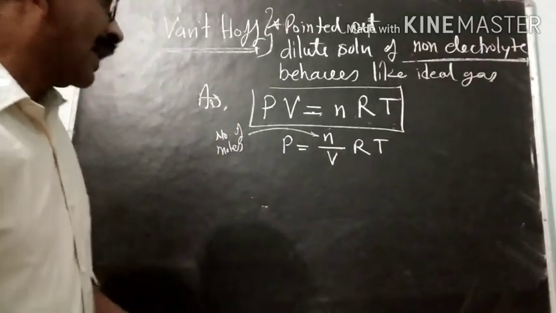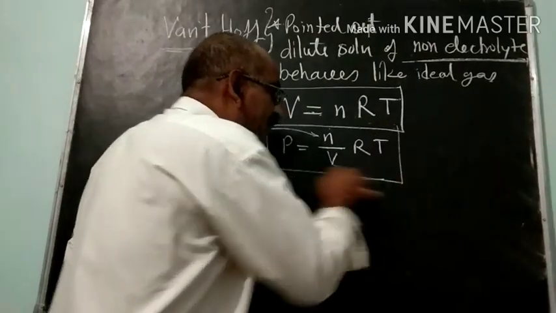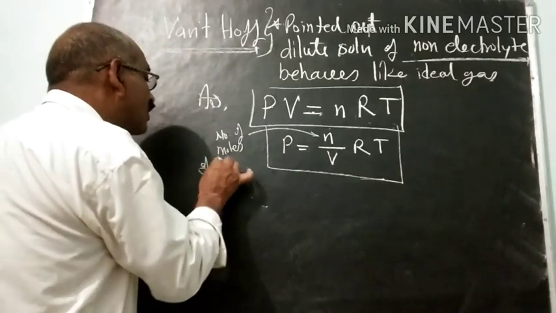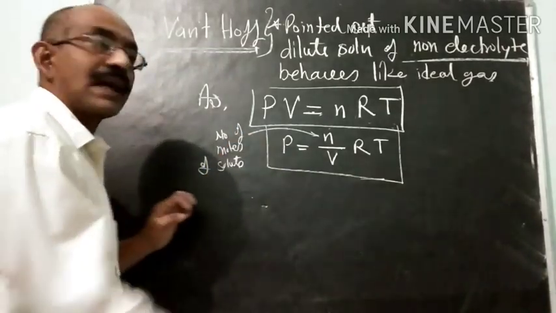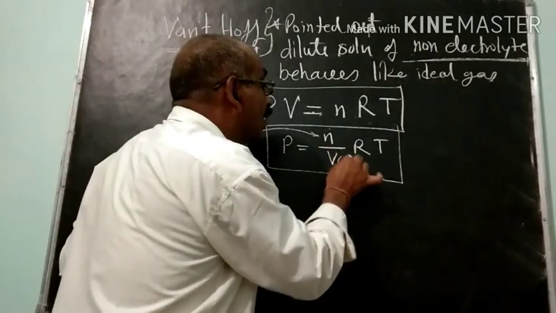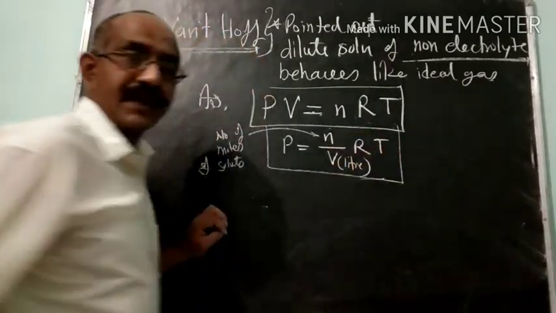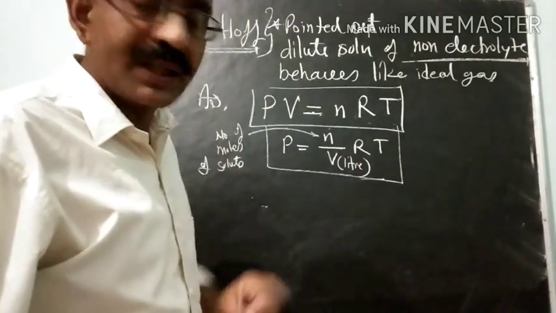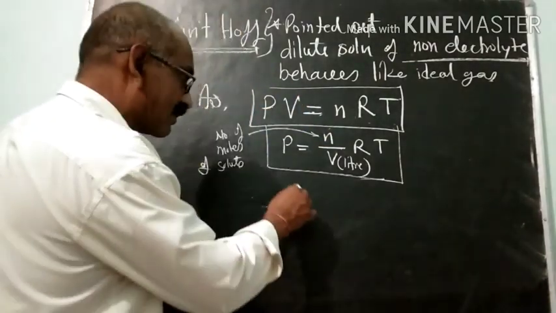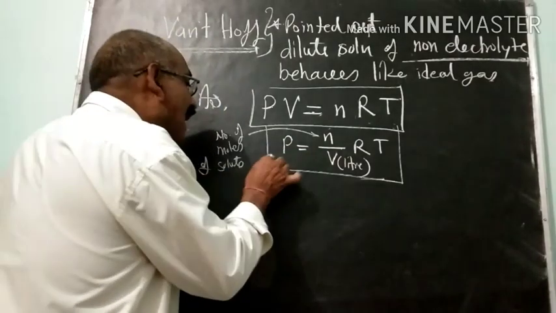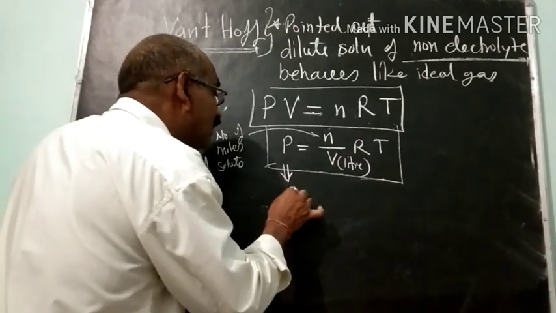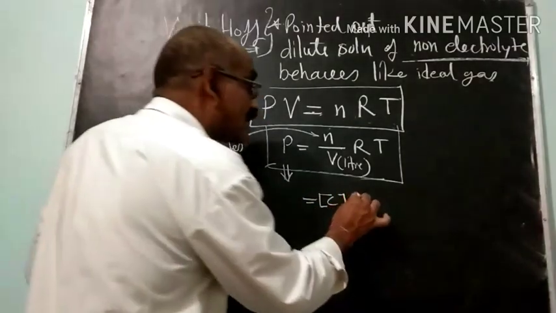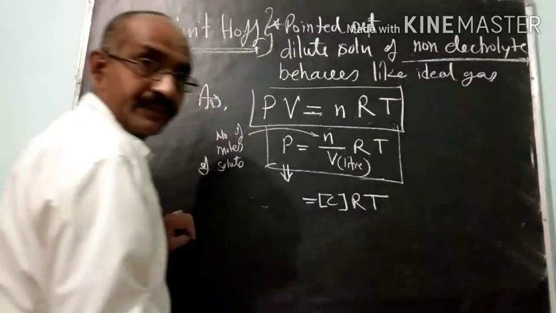Is it clear? For a dilute solution, N denotes the number of moles of solute, and V is the volume of solution in liters. Number of moles per unit volume is called molarity, which means concentration. So N over V can be written as C, concentration, into RT.